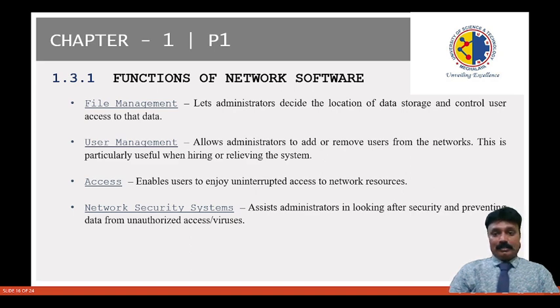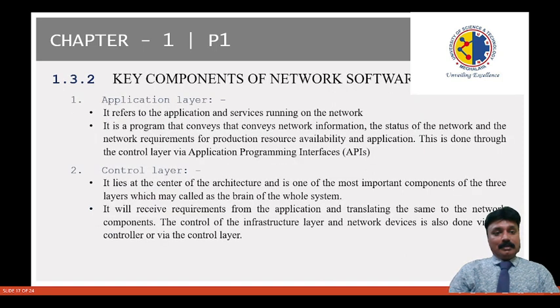Then accessibility enables users to enjoy uninterrupted access to network resources, that is the availability of the network services and resources. Then the network security system assists administrators in looking after security and preventing data from unauthorized access or viruses. So these are all certain functions.